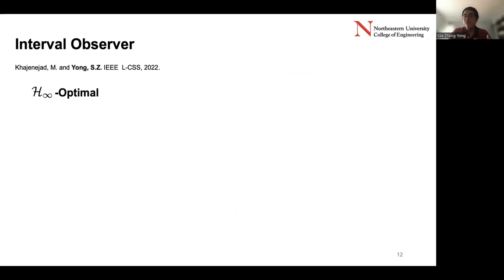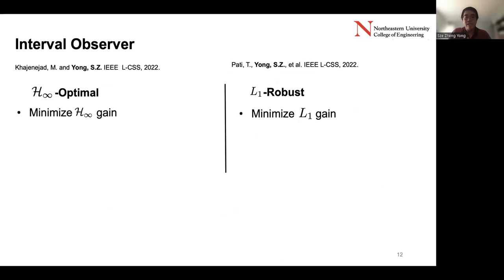So in terms of minimizing system gains, we consider both minimizing H infinity gains and L1 gains of the system. We showed that the H infinity version will generally lead to a mixed integer non-convex problem, which is not great.